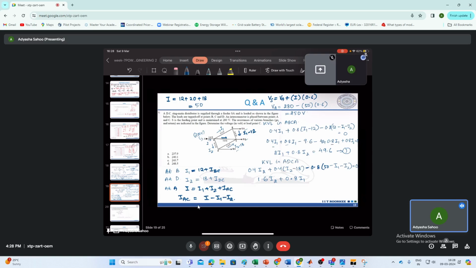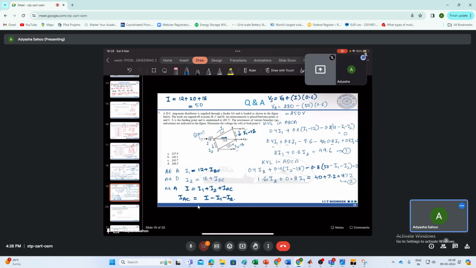So that will be equal to 40 plus 7.2, 47.2. So this is equation 2.